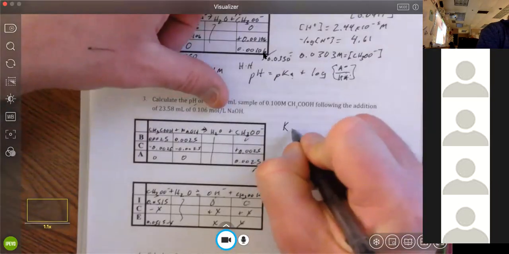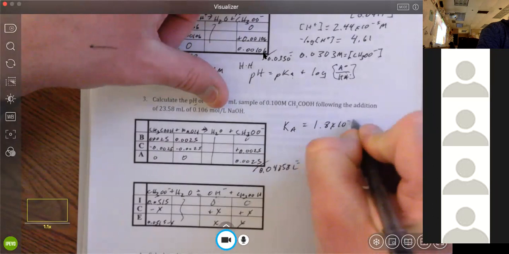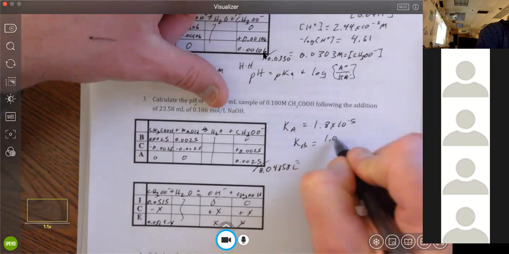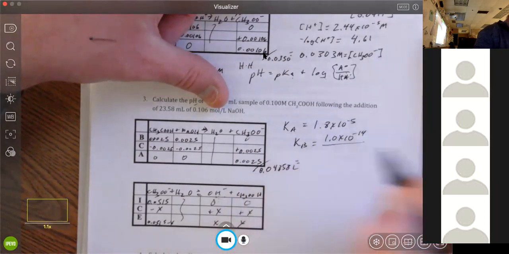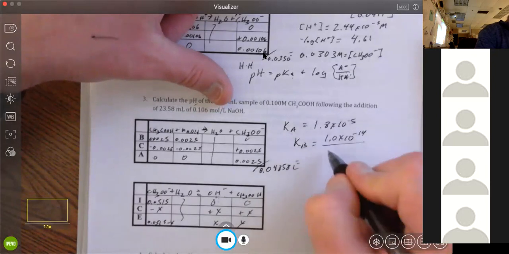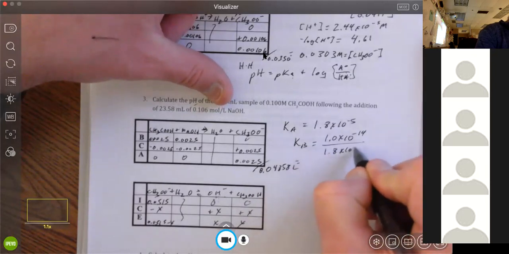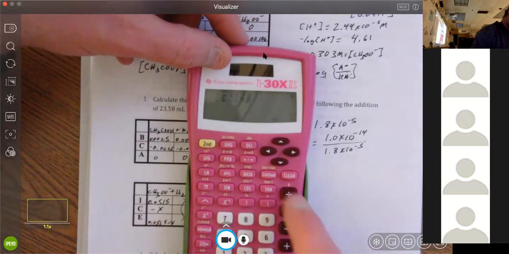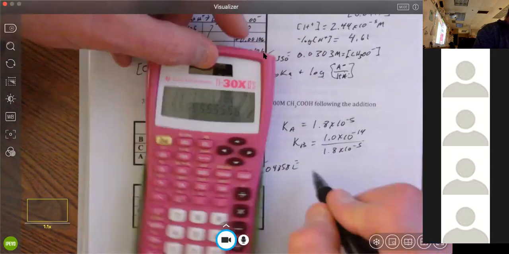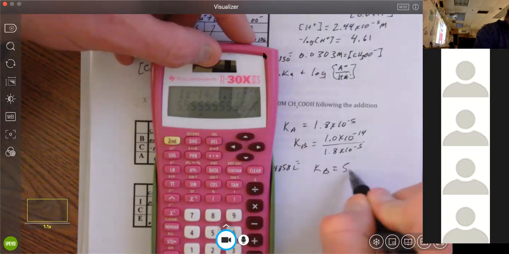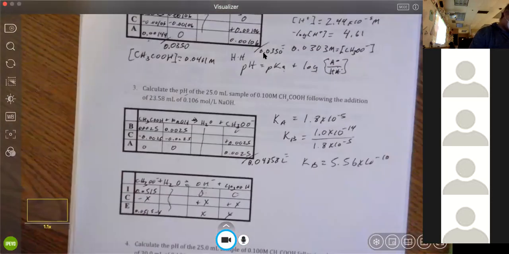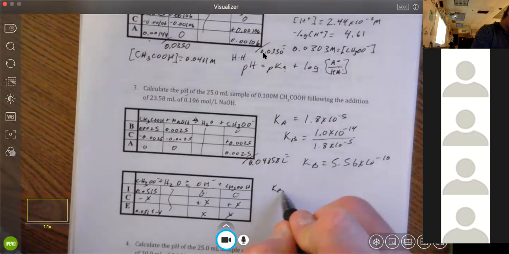We know the Ka equals 1.8 times 10 to the negative fifth. So remember that the Kb equals the water constant, or Kw, divided by the Ka. So that gives us Kb equals 5.56 times 10 to the negative 10th. So what is the Kb?